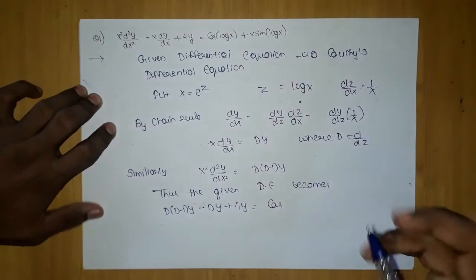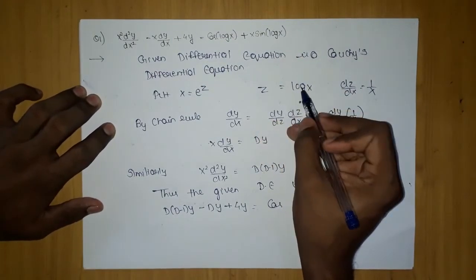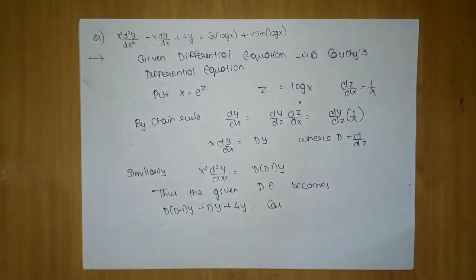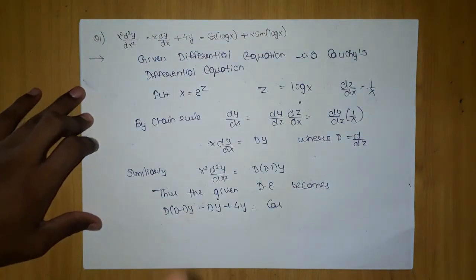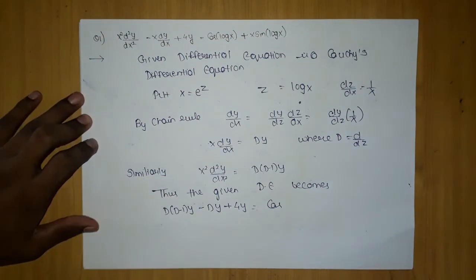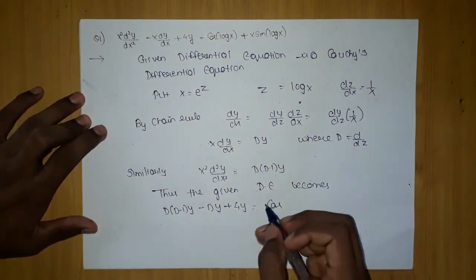Now just know this, z can be replaced by log x, and you have to replace each x and each log x. Just keep in mind when you do this substitution, in the final answer there should not be any z. Keep these two things in your mind.